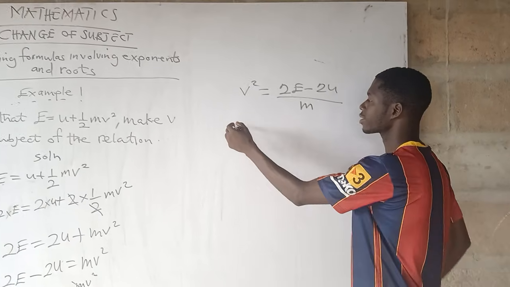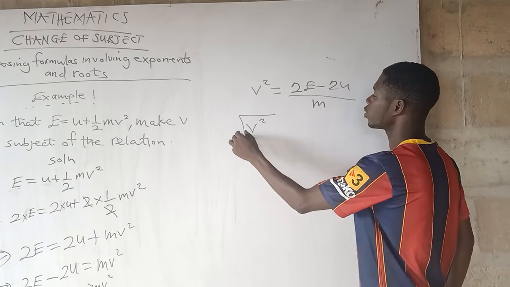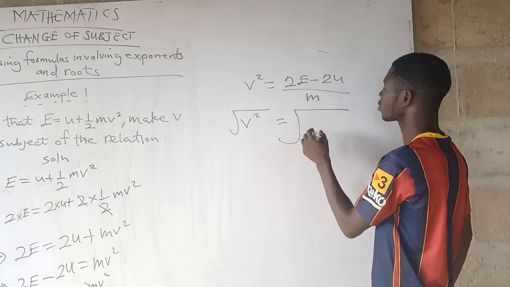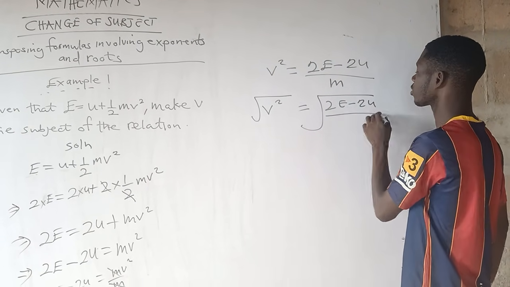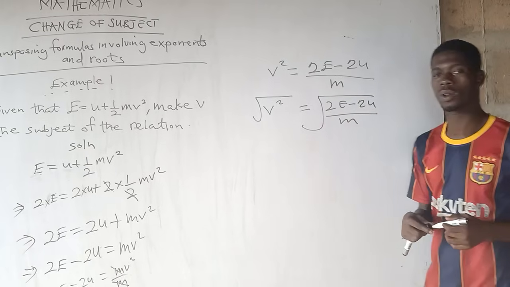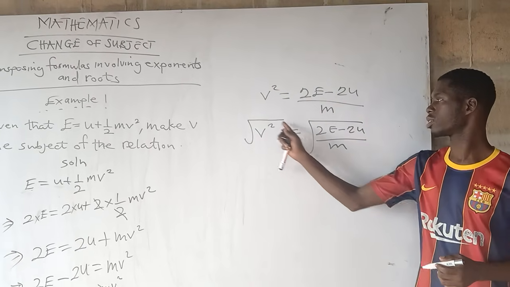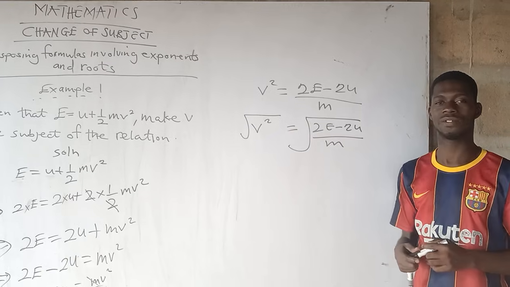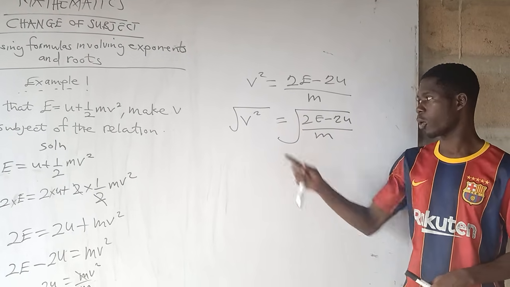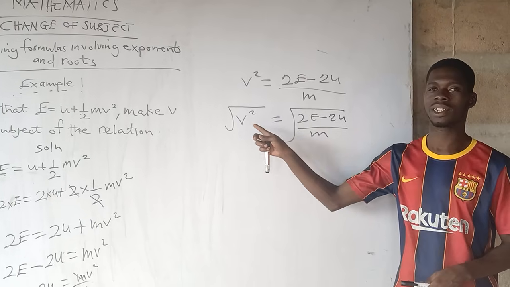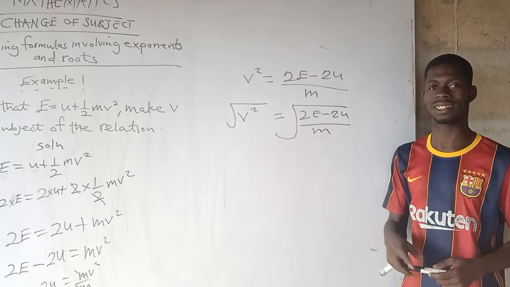So we get something like that. V squared, so this is the square root. For you to get v only, you square root both sides because of the v having the square, so that you can eliminate it, right?